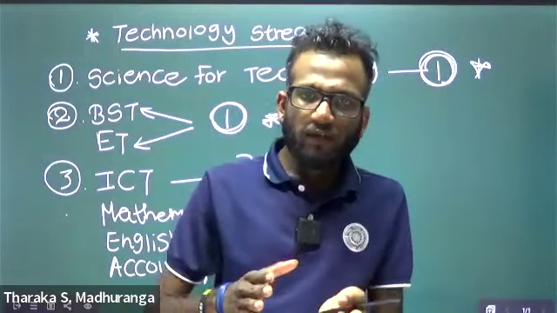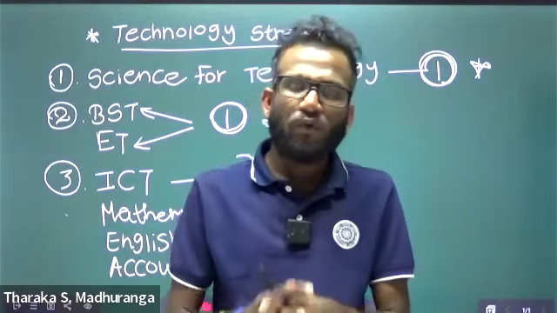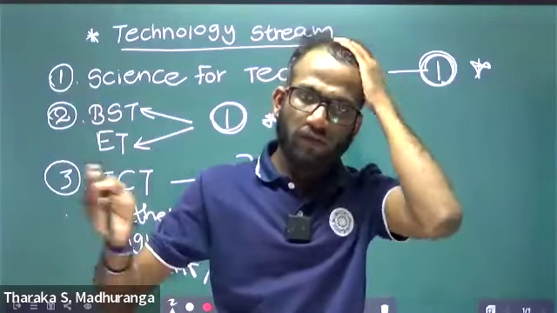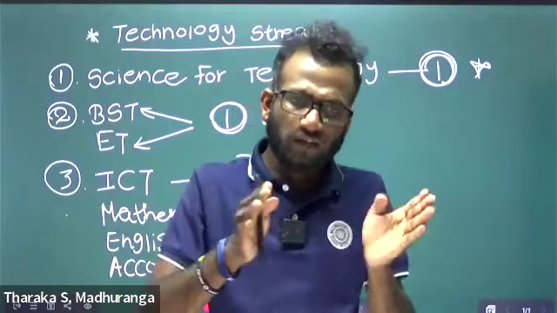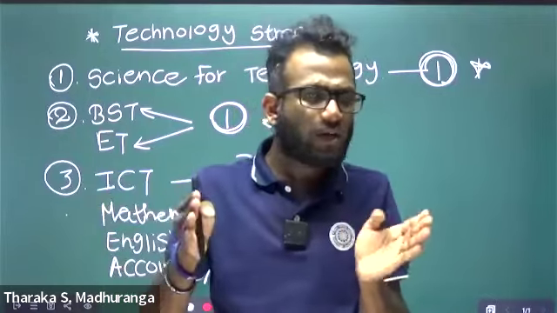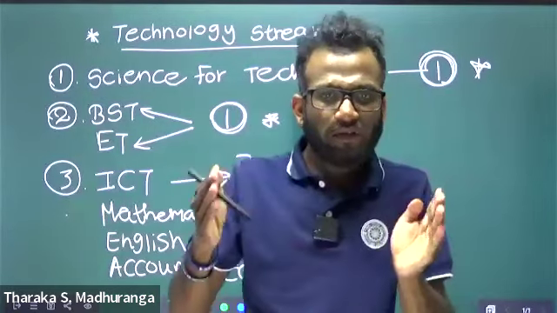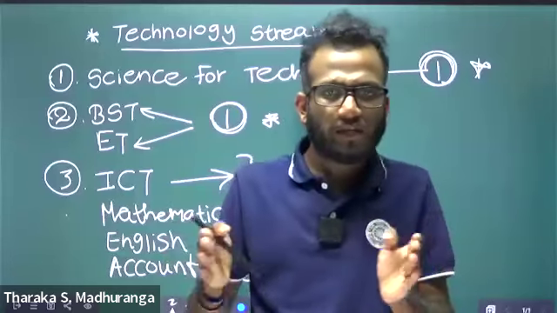In O level, you have grade 9, grade 10, grade 11, three years, but the content is very small. But in A level, you have a very limited time period.